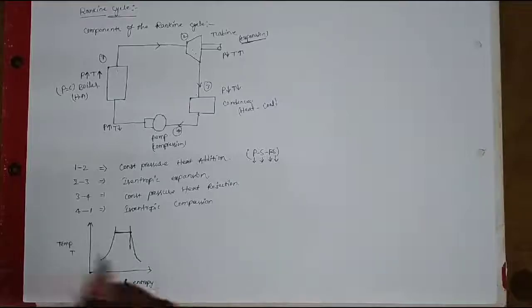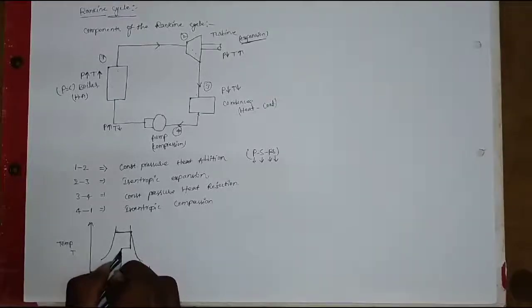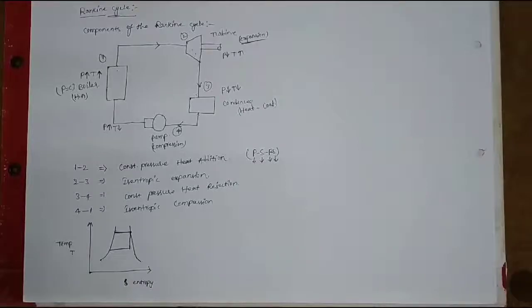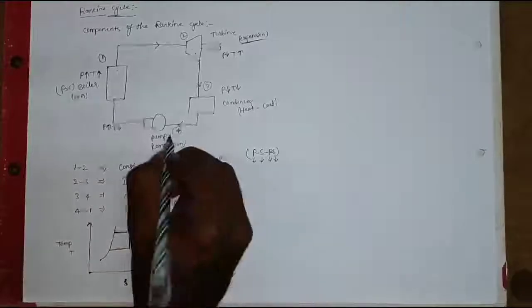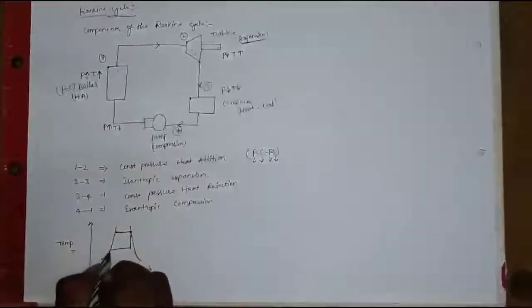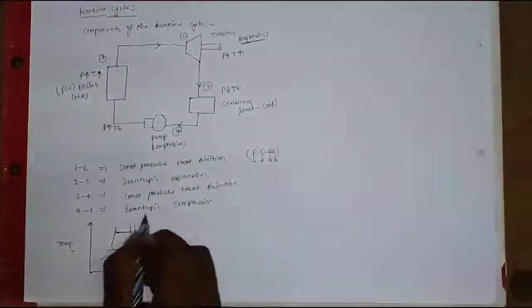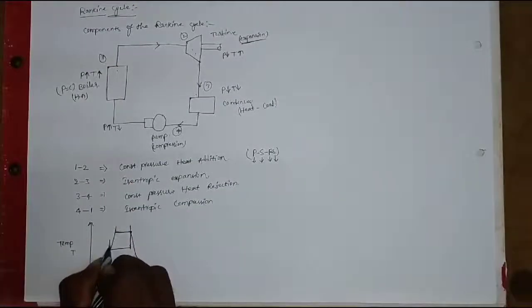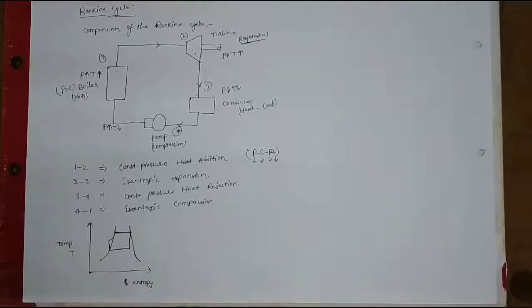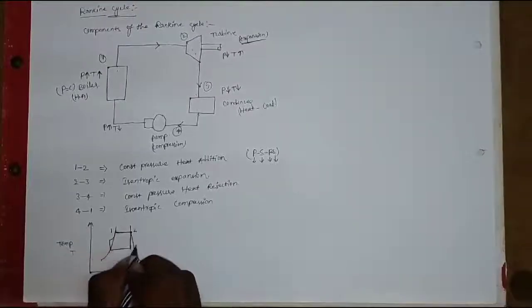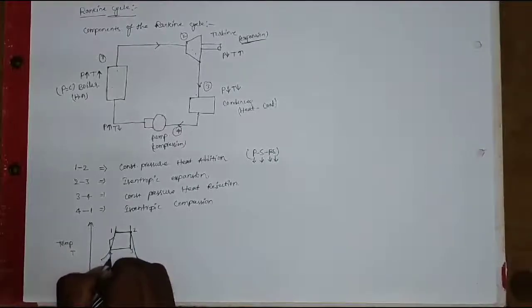Isentropic expansion and constant pressure heat rejection. This is constant pressure heat rejection, and the pump, considering the pump work, is isentropic compression. So this is the pump work, and this will be moved to this. So 1, 2, 3, 4.